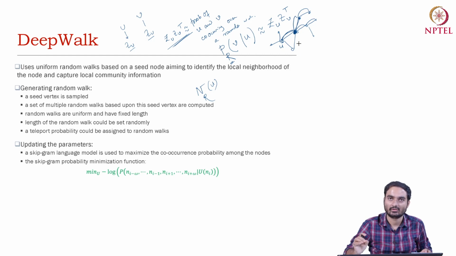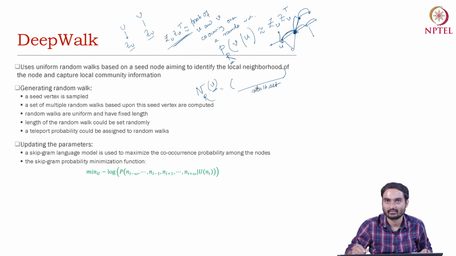So for every node you repeat multiple such random walks to collect its neighbors, the context, and you prepare a set. The set contains the nodes which are the neighbors or context of the given node u. And this set is a multi-set, remember this.